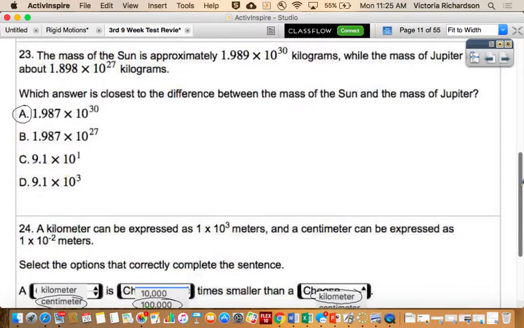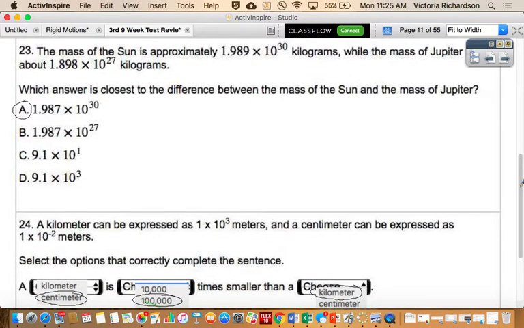All right, 23. The mass of the sun is 1.989 times 10 to the 30th kilograms. That's big. And the mass of Jupiter is about 1.898 times 10 to the 27th kilograms. Still big, but not quite as big. Because we know the sun is the biggest thing in the solar system.